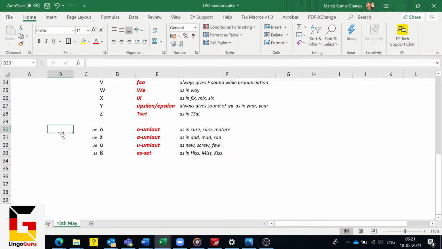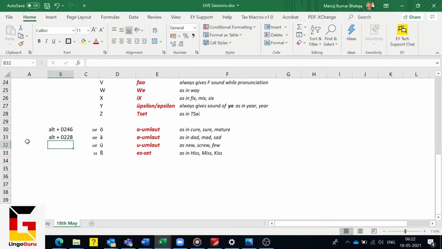If you're using a desktop, you can hold the alt key and press 0246 at the same time. This will give you ö. If you're using a desktop or a separate keyboard, to get ä you can type alt plus 0228.